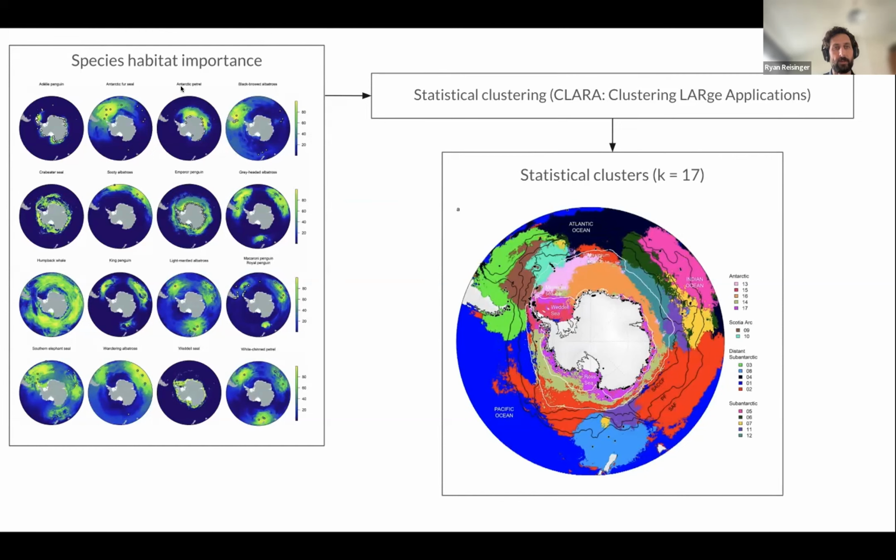On the left-hand side of the screen, you can see the maps for each species, which are subject to the clustering algorithm. And then on the large map with the many colors, we've mapped the statistical clusters. Each different color represents a different cluster, and I'll return to this in a moment.